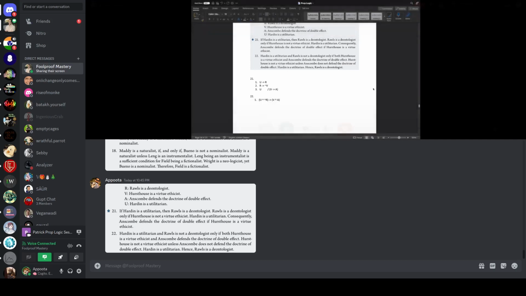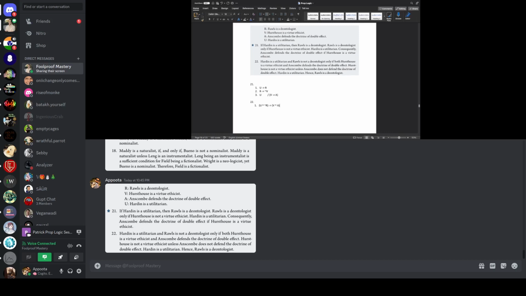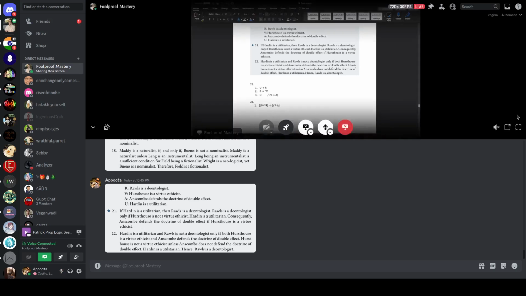How can I change the settings to make it better?